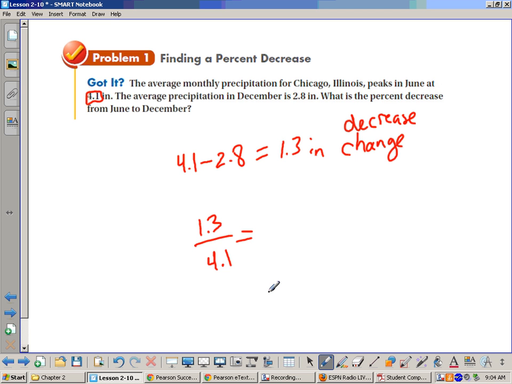So 1.3 divided by 4.1 is going to give us 0.317 approximately. Multiplied by 100 gives us a 31.7% decrease. So that's how we figure out percent of change. Subtract them and then divide by the original and get your answer.